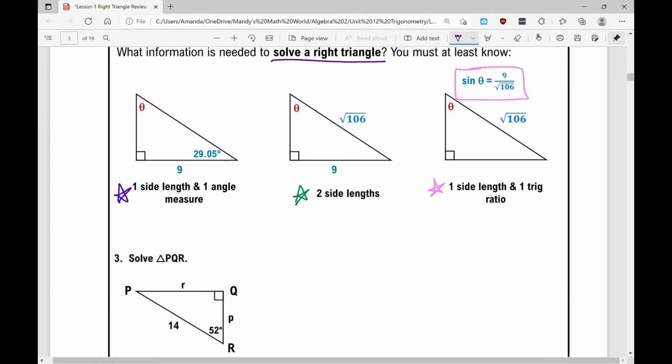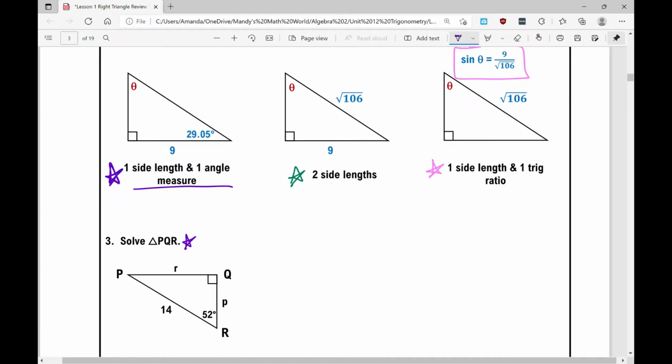So that's just like this one right here. One side length and one angle measure. So I'm going to put a little star right there because that's the one we're looking at, right? One side length and one angle measure.